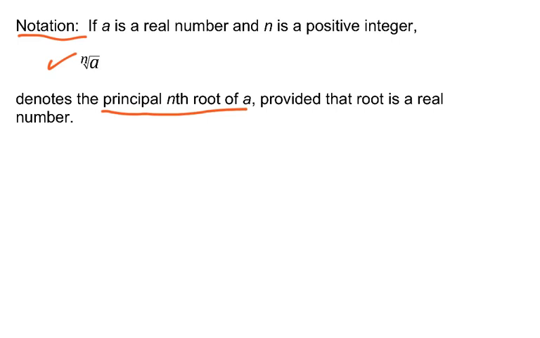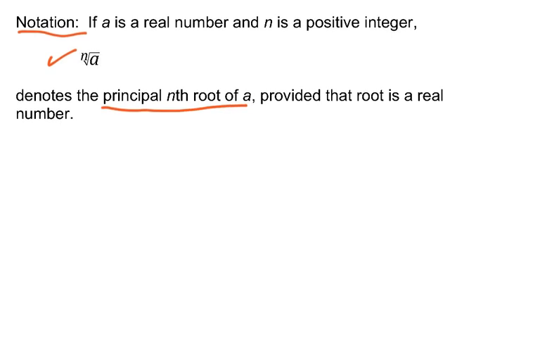In this symbol, the different parts all have names, one of which will be familiar. The quantity under the symbol is called the radicand.